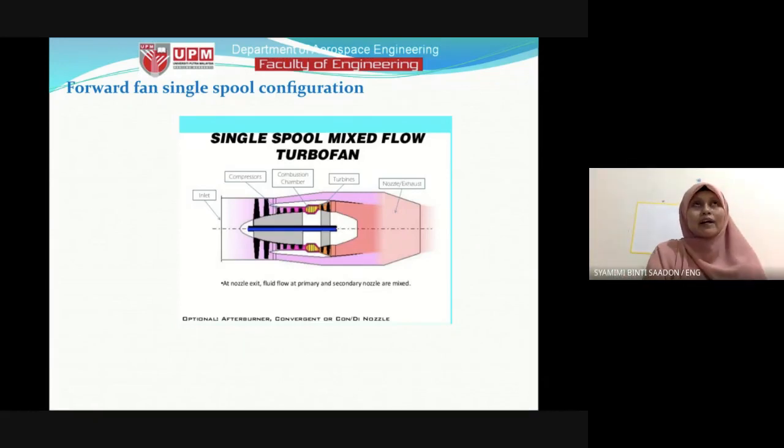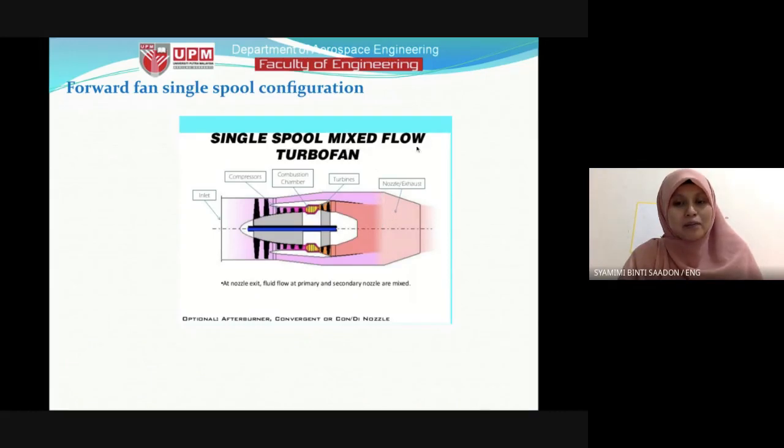Turbofan has two types of exhaust: mixed and separate exhaust. So this is mixed exhaust. Mixed means that the air from the bypass duct and the core engine, the cold and hot air, will mix together before exiting the nozzle.